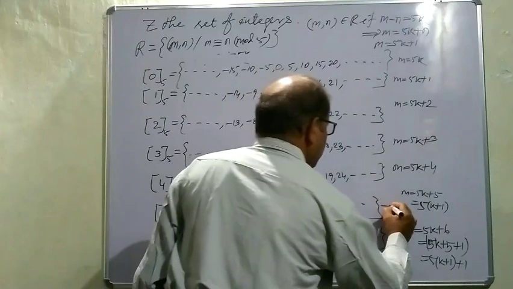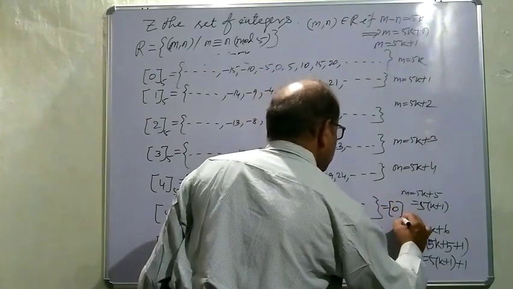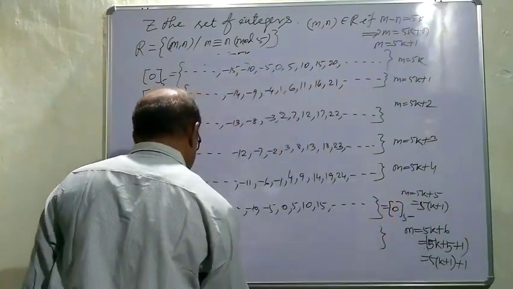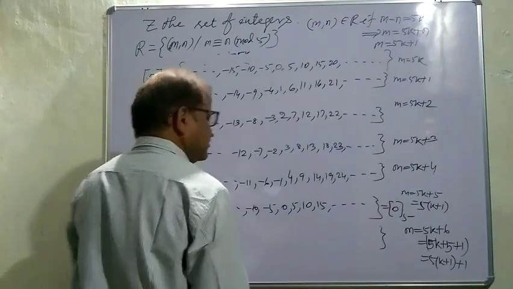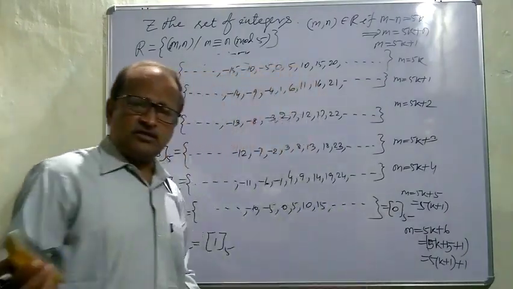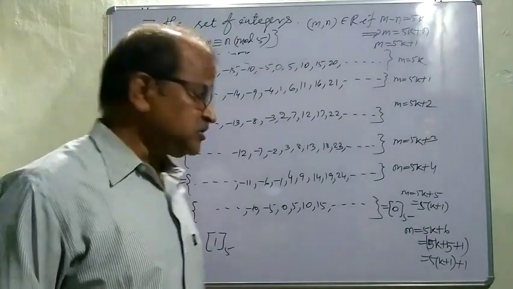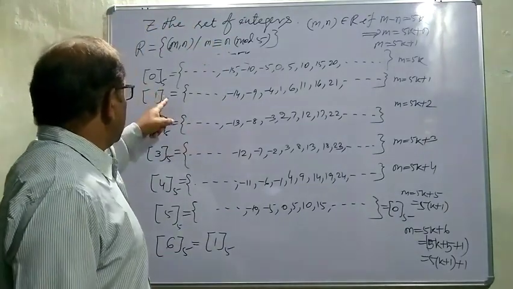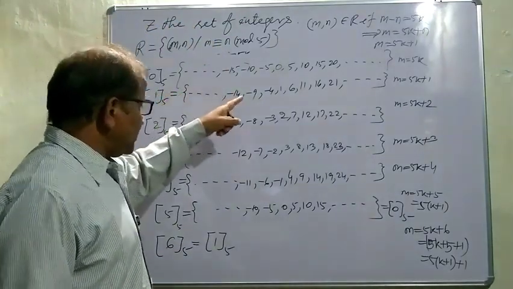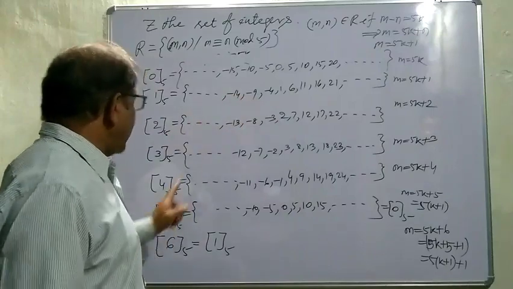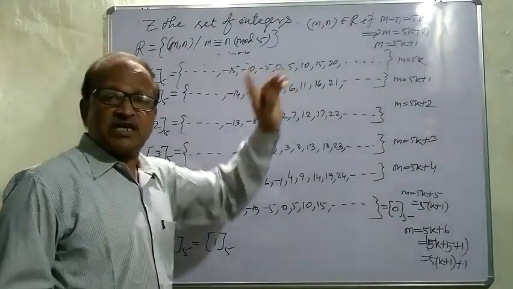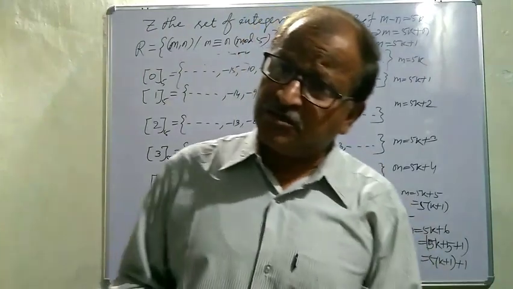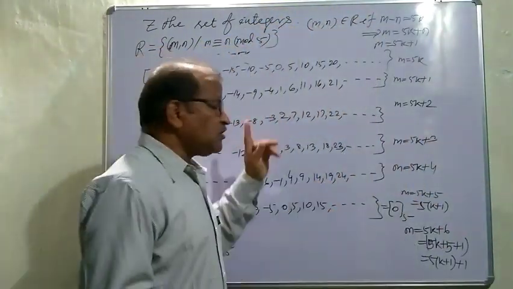Also in the proposition, we have seen that 5 belongs to the equivalence class of 0, so equivalence class of 5 must be equal to equivalence class of 0.